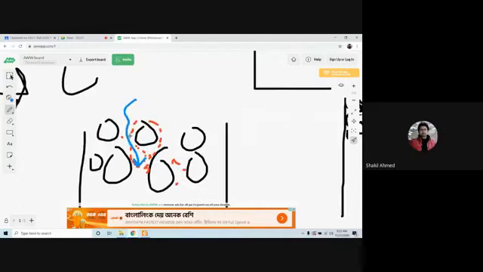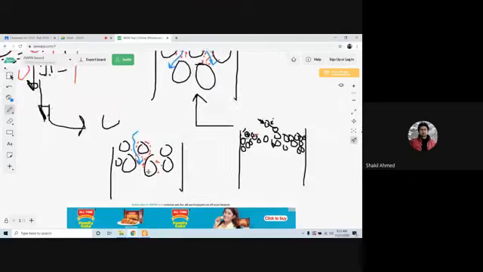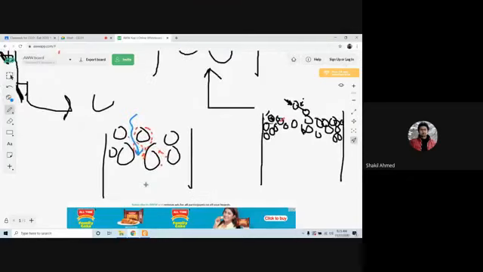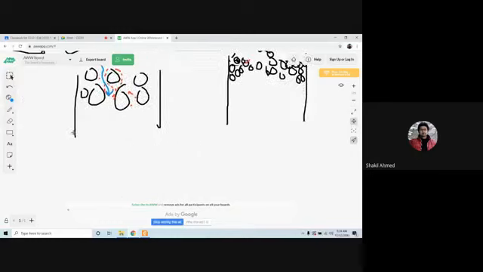So there will be friction, and if the friction is so high that the water loses all of its energy to overcome this friction, then finally the water will not be able to move further.